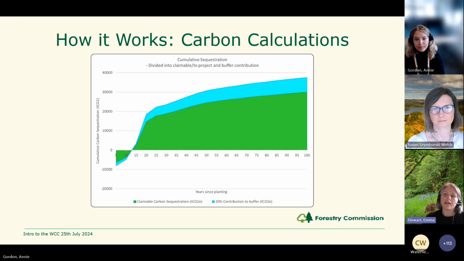Now the curve here is very steep at the beginning when the woodland is young, at which point the growth rate is much quicker. And the growth begins to slow down a bit, and in this example it's around about year 20. So the woodland is still sequestering carbon after that point, just at a slower rate.